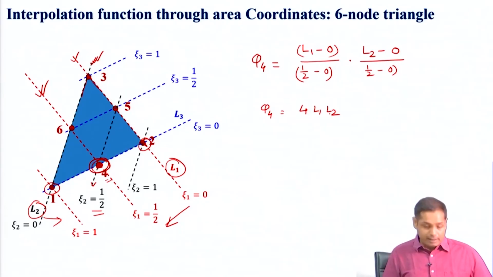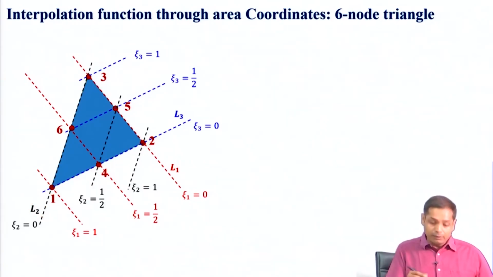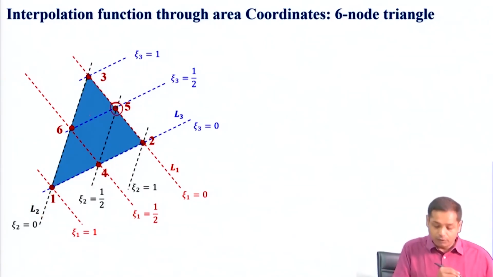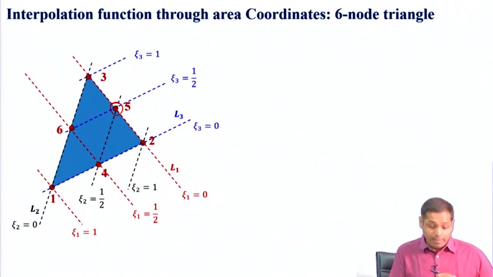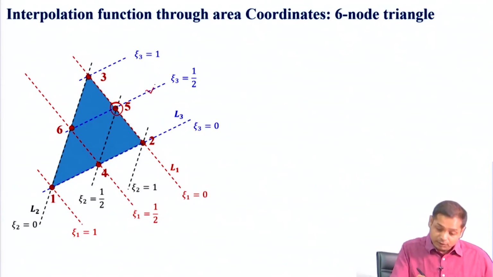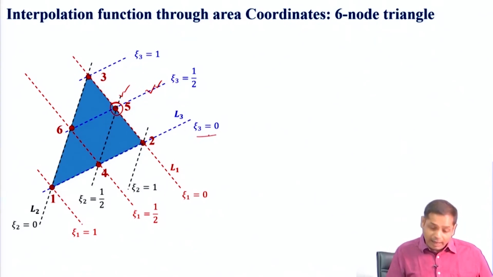Now similarly, for the shape function of node number 5, we have to get contribution from this coordinate, the blue one and the black one. The blue one is for Xi3 and the black one is for Xi2, right?